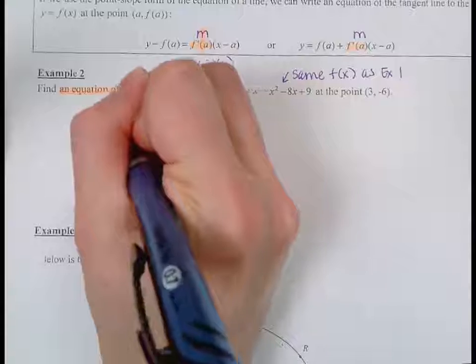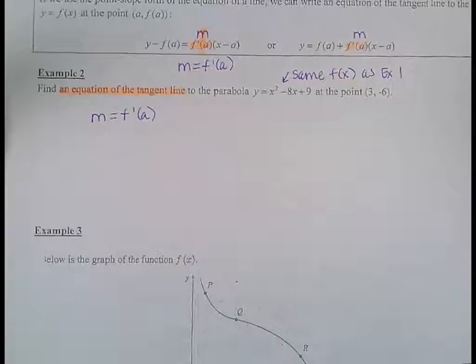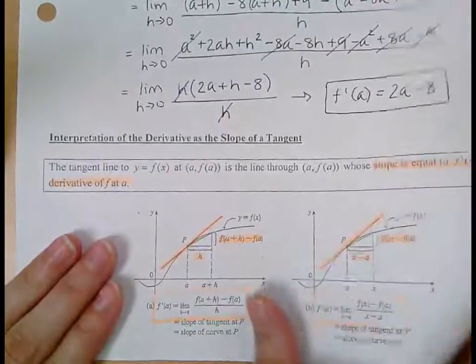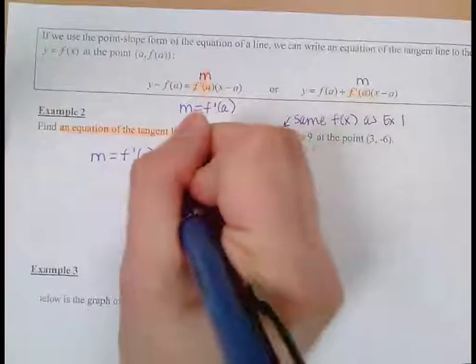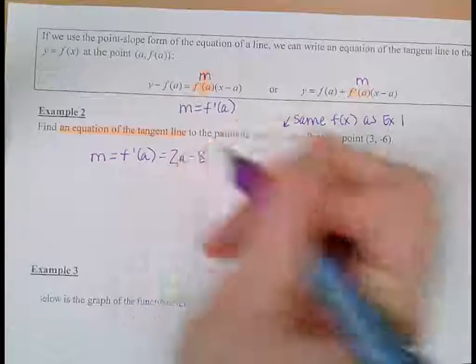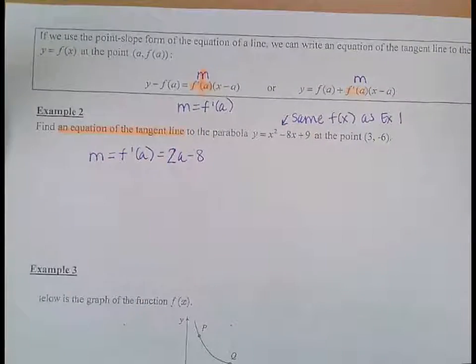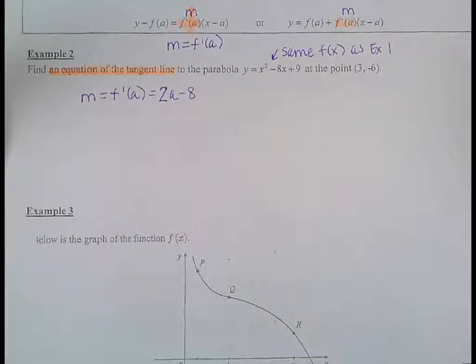Your slope is equal to the derivative at a, and we found f prime of a in example 1 for that function. So f prime of a for that function was 2a minus 8. But if this was an example where you were starting fresh, you would need to find that derivative first.